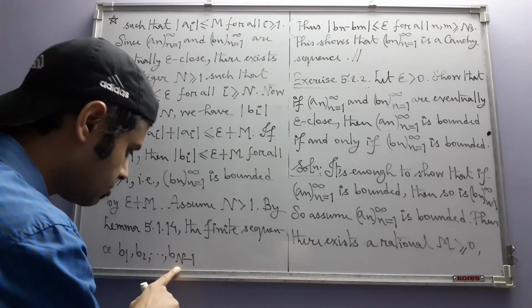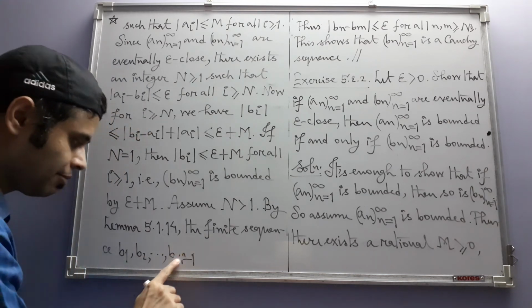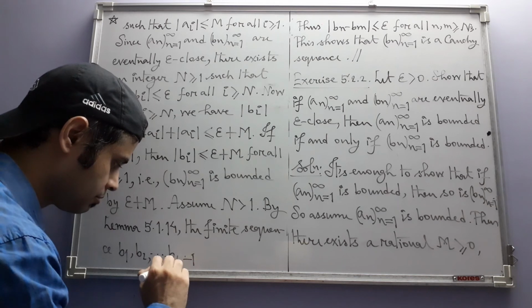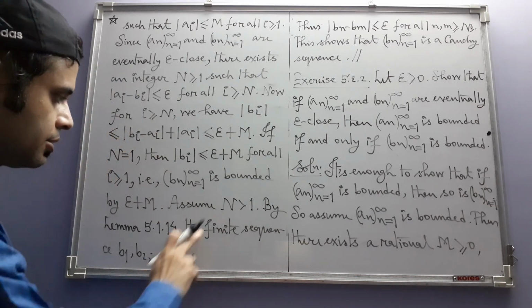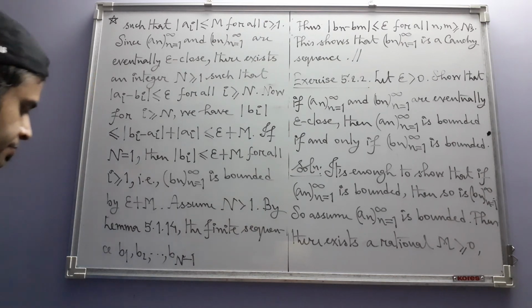If N is 2, then this will have only one term. But this finite sequence makes sense because N is greater than 1 now.